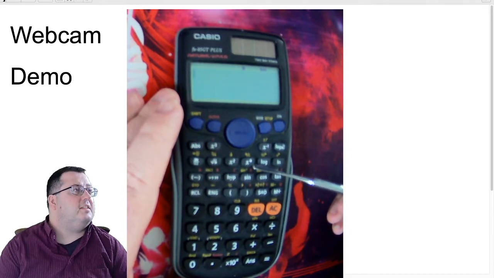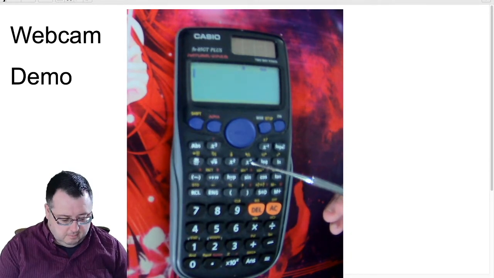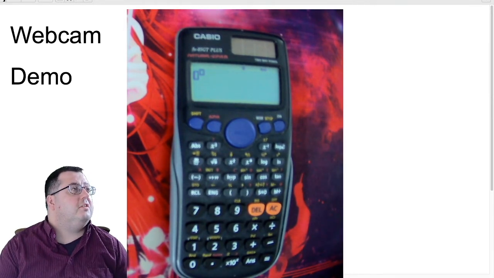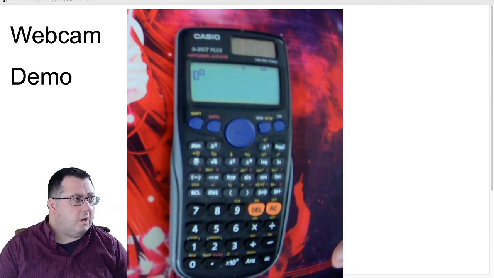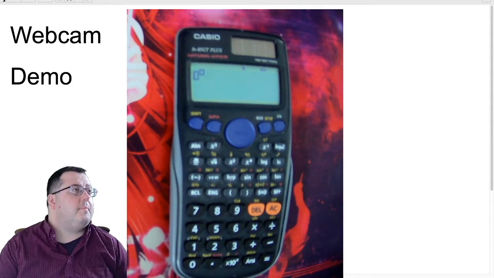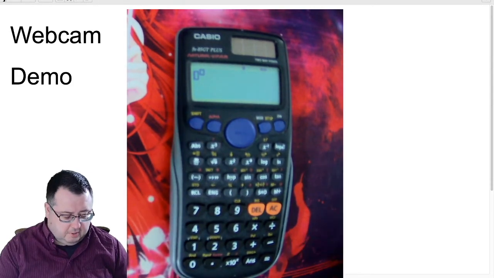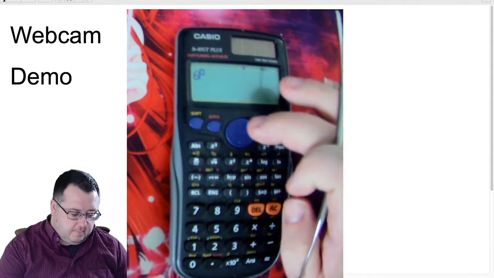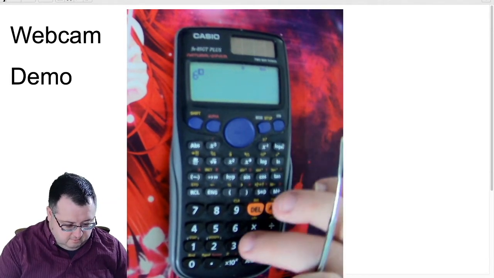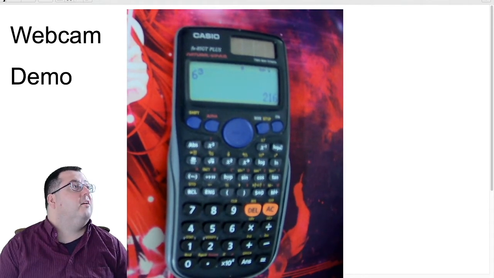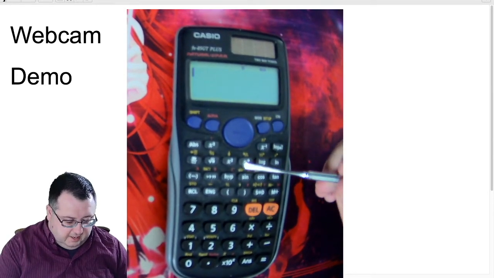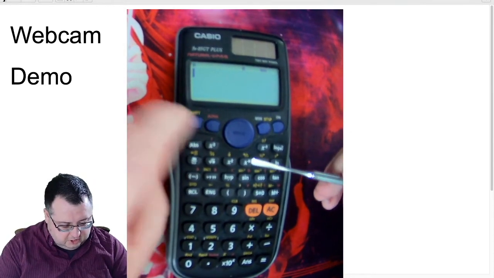I don't know how easy that is to see on screen, but if you push X block, you can see on the screen block to the power block appears, and I can put in any numbers for that. So 6 to the power 3 gives me 216.